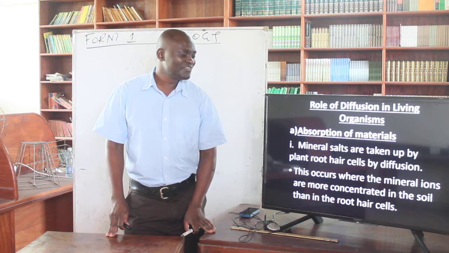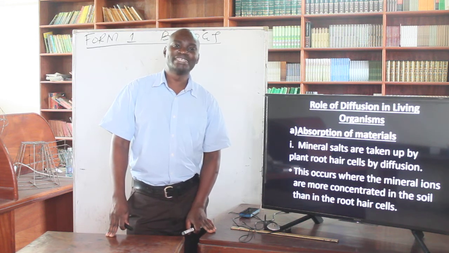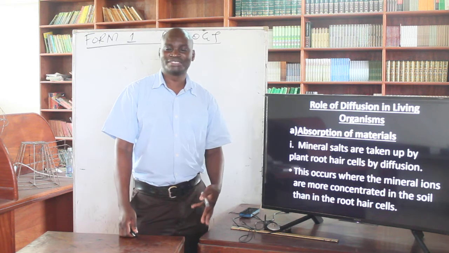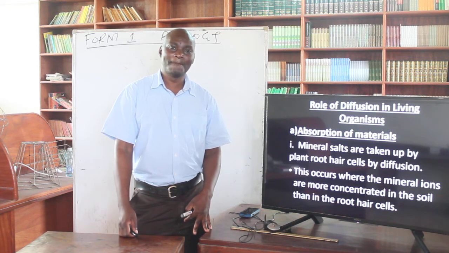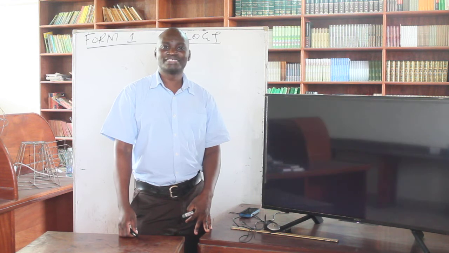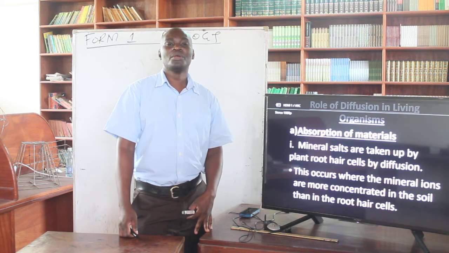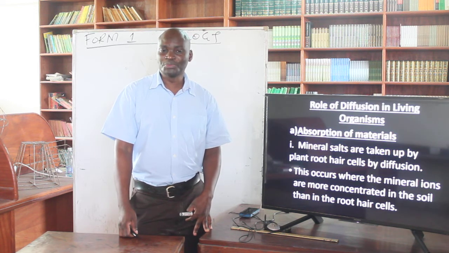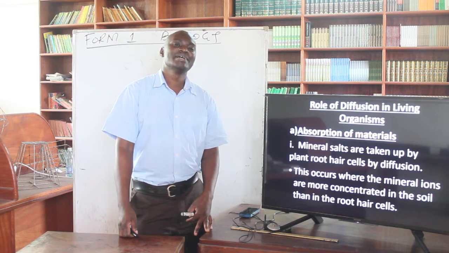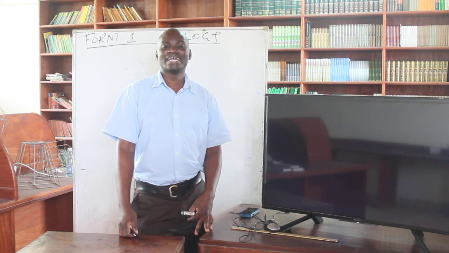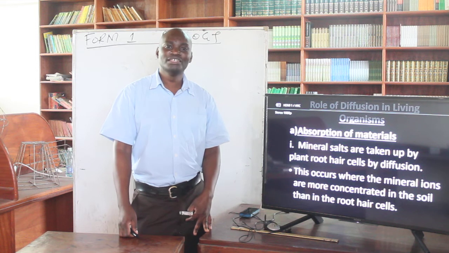One, we are going to talk of absorption of materials in living organisms. For example, we know that there is absorption taking place after digestion. We also know that there is absorption that occurs in the plant roots, that is absorption of mineral salts.